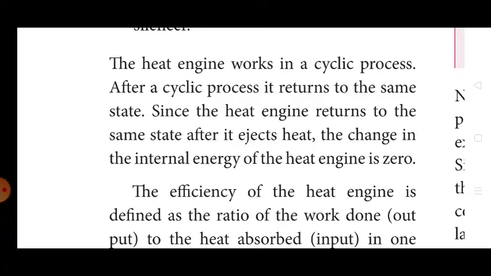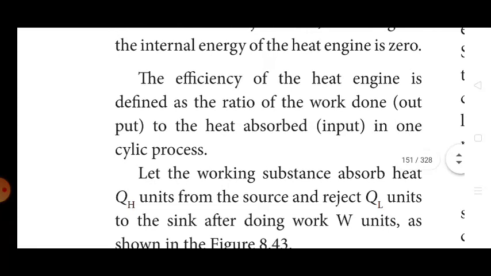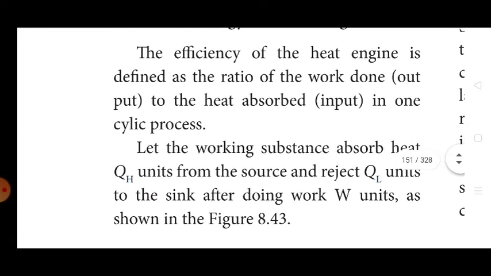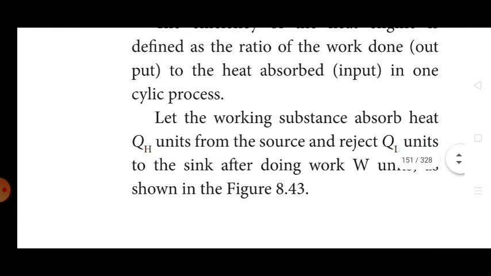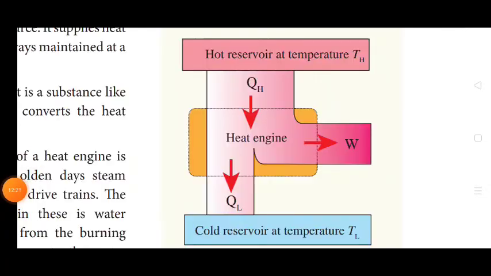The efficiency of the heat engine is defined as the ratio of work done, that means output, to the heat absorbed, the input, in one cyclic process. Let the working substance absorb QH units of heat from the source and reject QL units to the sink after doing work W units, as shown in the diagram. This is the diagram of the working of a heat engine.